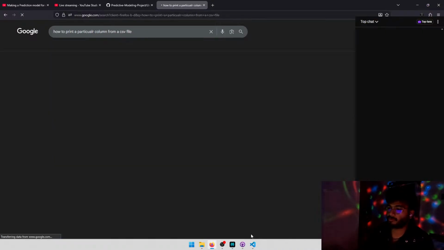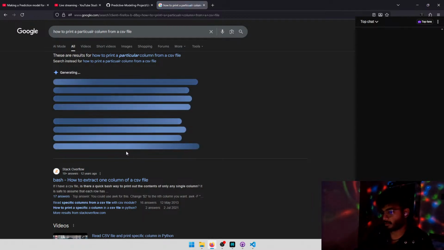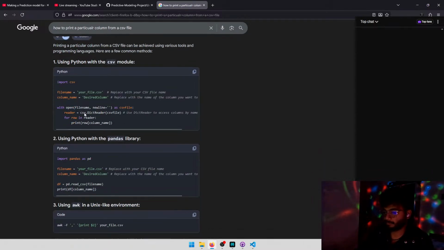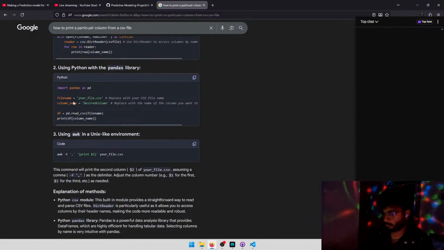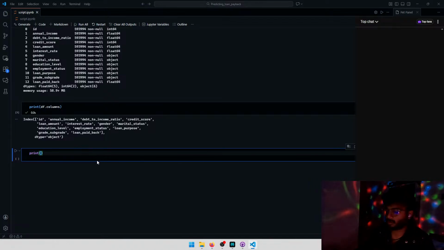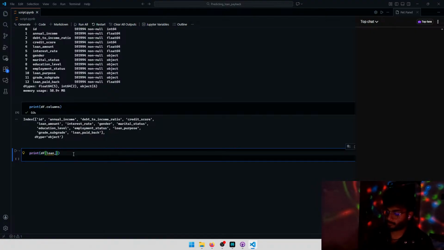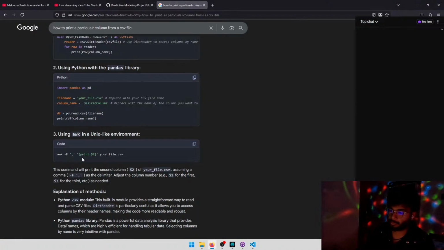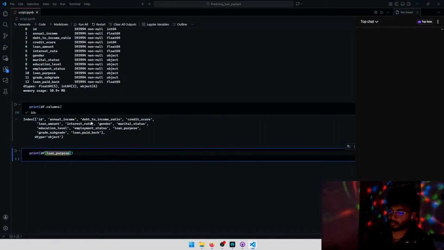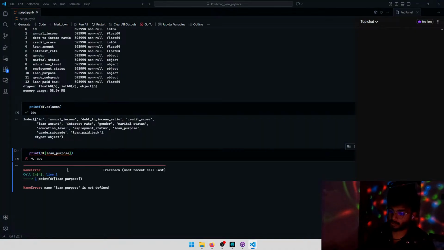Okay, basically, print df and the name of the column, that is the loan purpose. Is it correct? Yes.